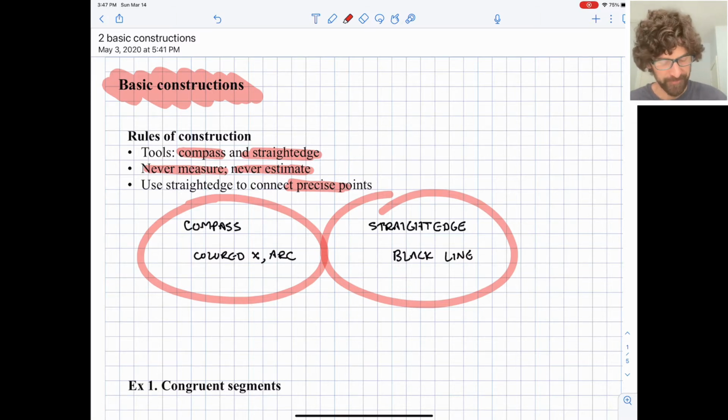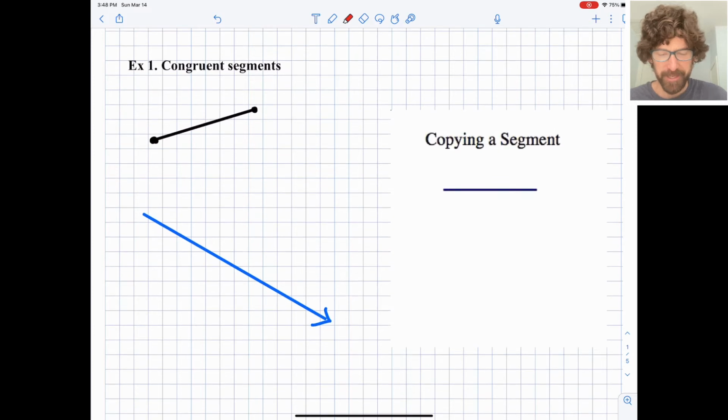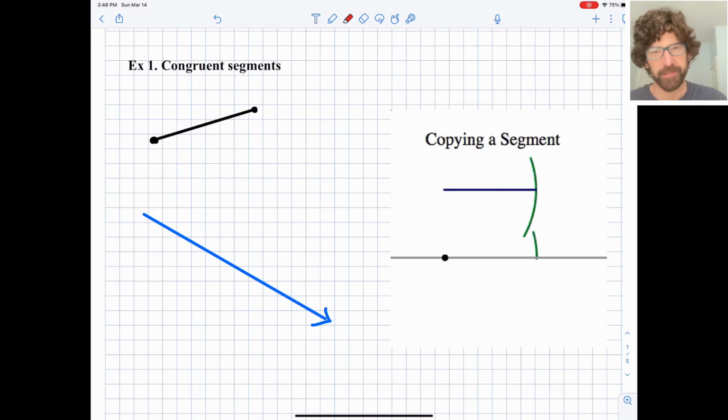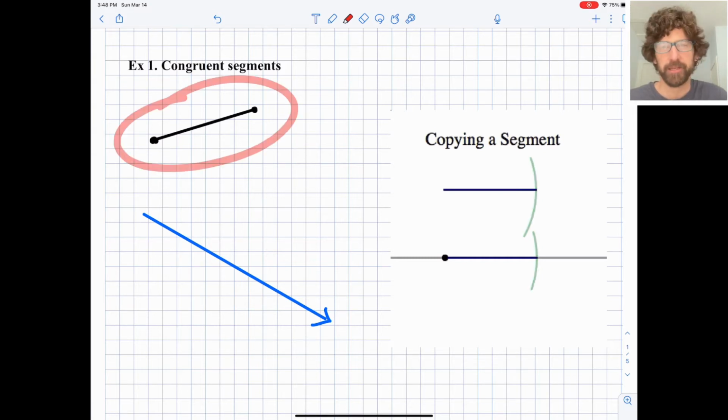We'll do our best. One task you might be asked to do with a compass and straight edge is to create congruent segments. Again, we're never allowed to measure. We're trying to create another segment that is exactly congruent to that initial black segment.